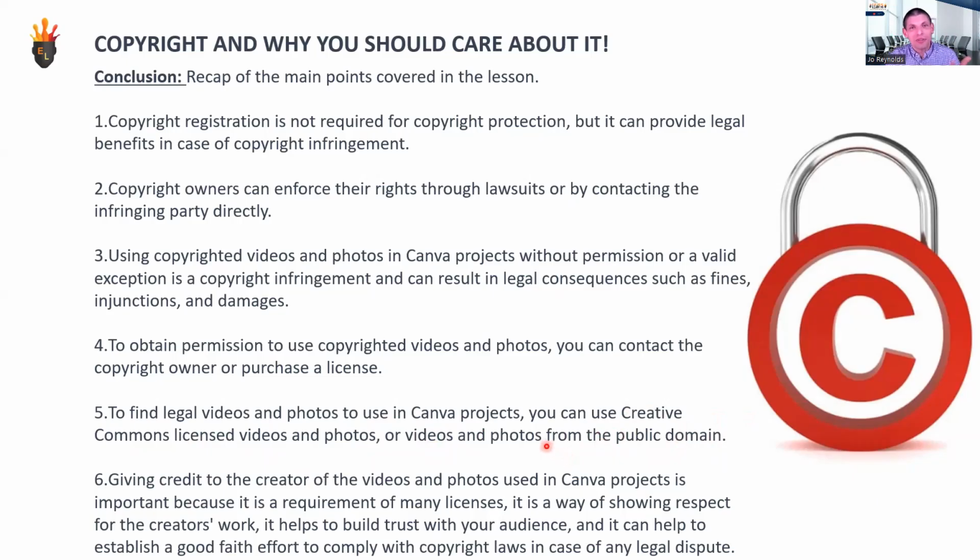All those ones that you can use for free, those are royalty free. And remember, it's really good to give credit to the creator of the videos and the photos used in your Canva projects, because it's actually a requirement in many licenses. And in a way, it's a way of showing respect for the creator's work, right? It helps build trust with you and the audience. And well, that's a good thing too.